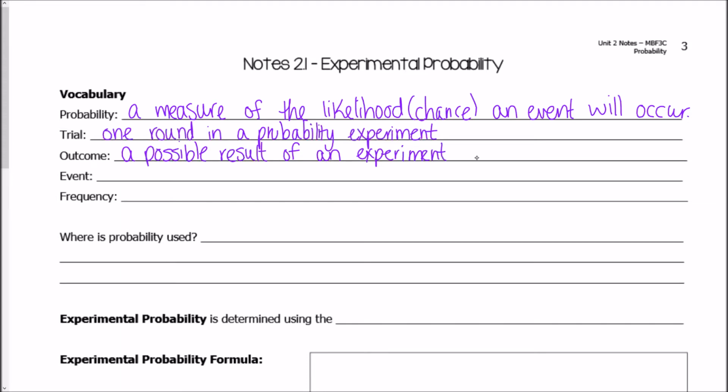So for example, if I were to flip a coin, my two outcomes are either heads or tails, right? So those are my outcomes in that experiment. Okay. An event is a set of outcomes with the same results.